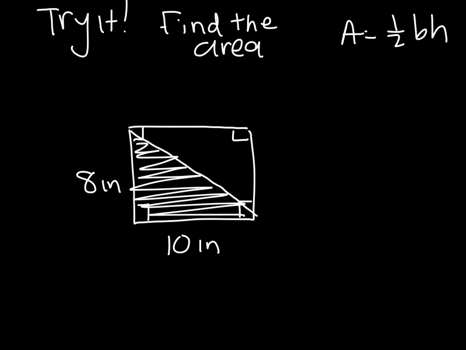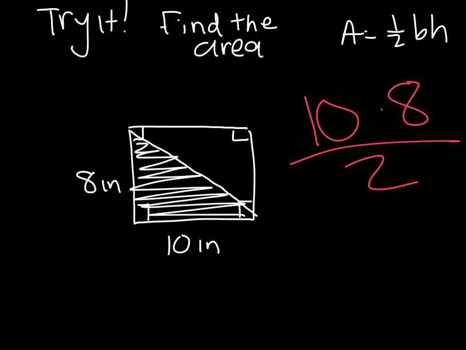So if you remember from the last one, you have 10 times 8 divided by 2. You get 80 divided by 2 equals 40.